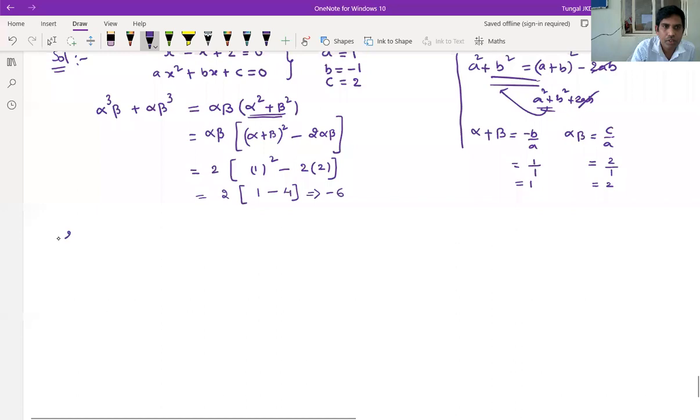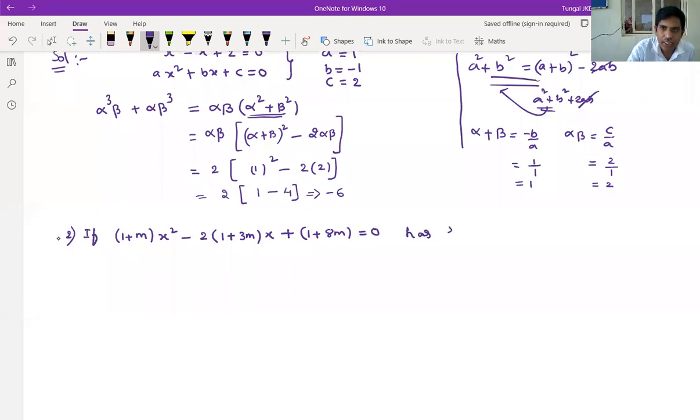Next, we'll solve one more question. See, if 1 plus m into x square minus 2 into 1 plus 3m into x plus 1 plus 8m is equals to 0 has equal roots, then m value we have to find out.